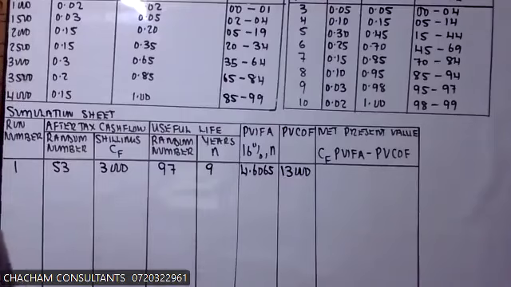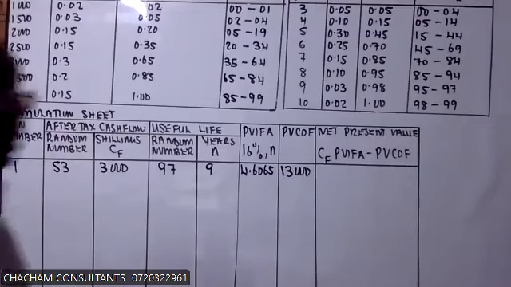So now put in the calculator: 3,000 times 4.6065 minus 13,000. Tell me, how much do you get? Yeah, 819.5.